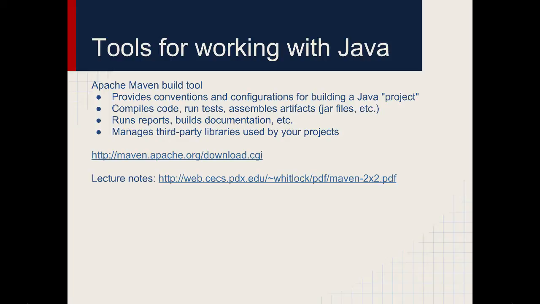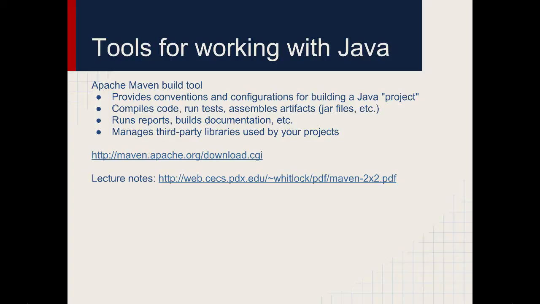Probably the biggest advantage of Apache Maven is that it manages the third-party libraries that you use for your project. Now, almost every Java project of any size, even the ones that you'll see in this course, include source code that's written by the author, but then also leverage other libraries.